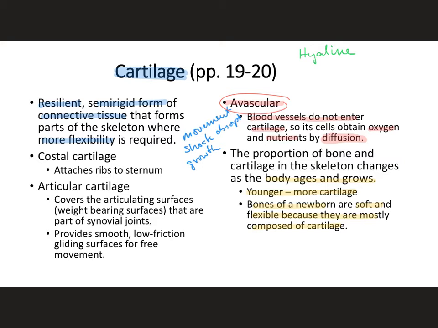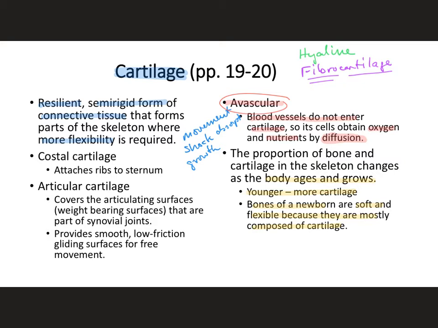The second kind of cartilage is called fibrocartilage. Now, you want to be careful here because it's not fibrous connective tissue. It is a cartilage. It just has really thick bands of elastin and fibrin proteins that makes it look rougher, and it's stronger, and it's the second most common form of cartilage.